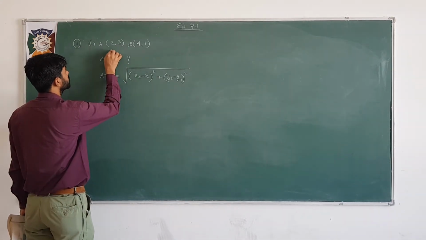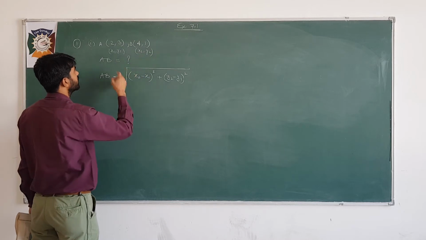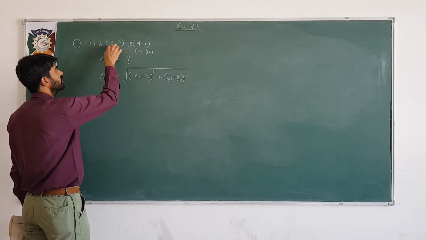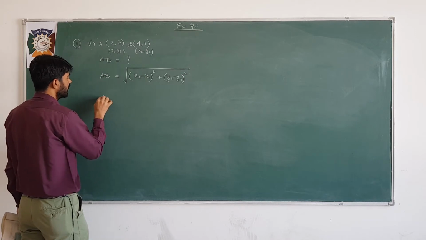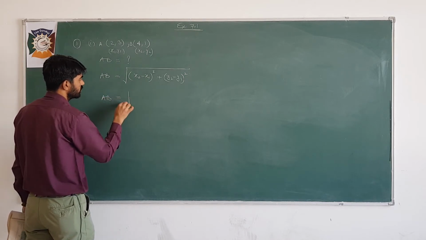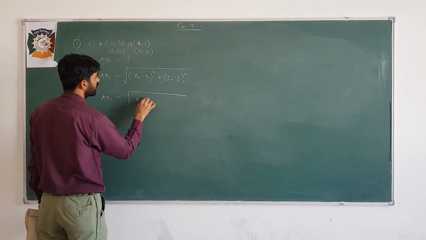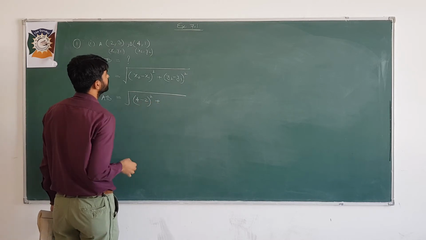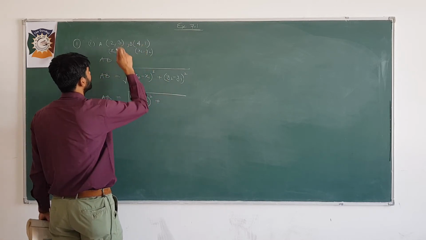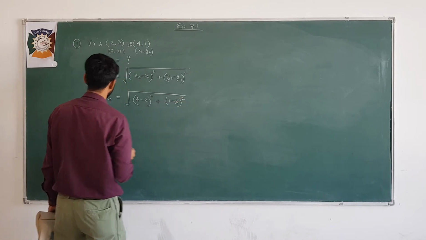If I take this one as x1 y1, these are x2 y2, then x1 will be 2 and x2 will be 4. So AB is equal to root over 4 minus 2 squared, then plus 1 minus 3 squared.